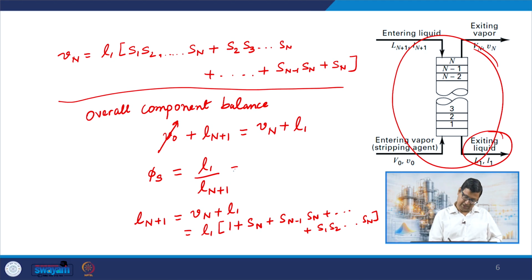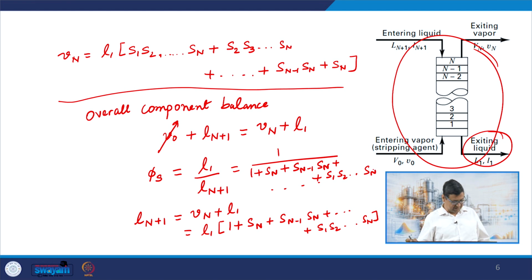So, this is going to be 1 over 1 plus Sn plus S n minus 1 Sn plus until S1 S2 to Sn. Very similar to the expression that we had in the case of the absorber, but now we have S in place of A in the expression.